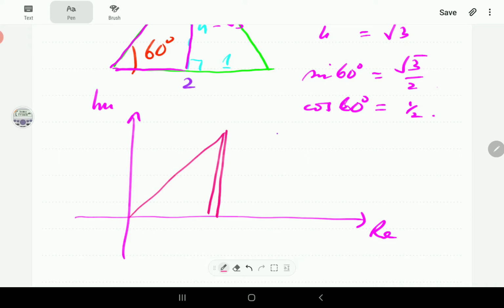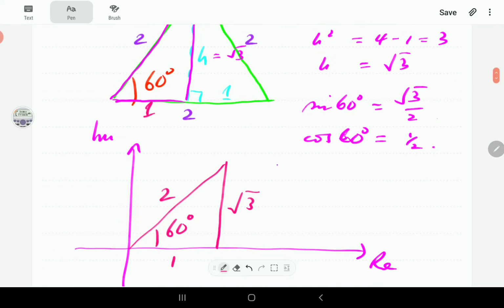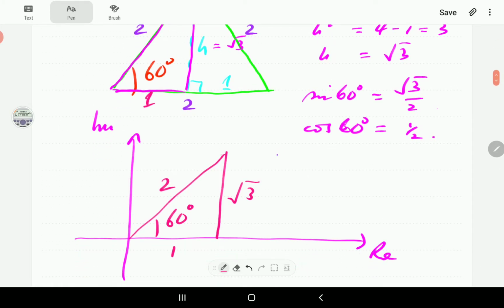So this is 1, and that is square root 3. This angle is going to be 60 degrees. The radial distance is going to be 2. So this complex number is just going to be 1 plus i root 3, 1 being the x coordinate, root 3 being the y coordinate.